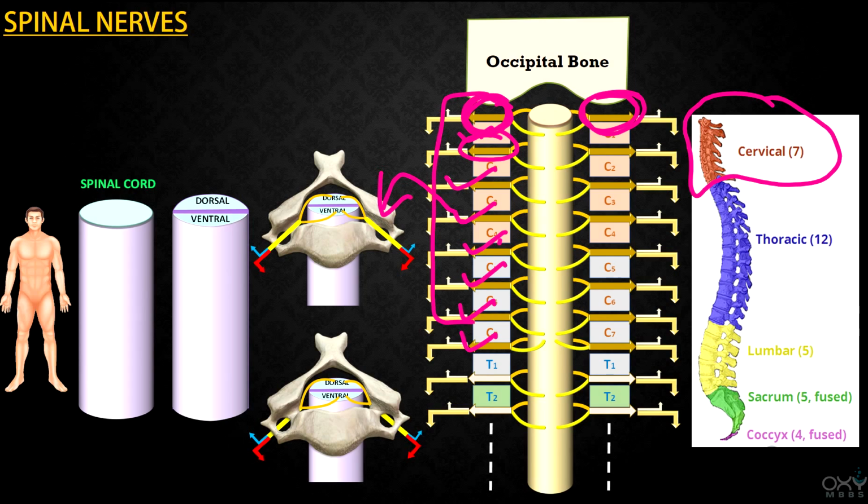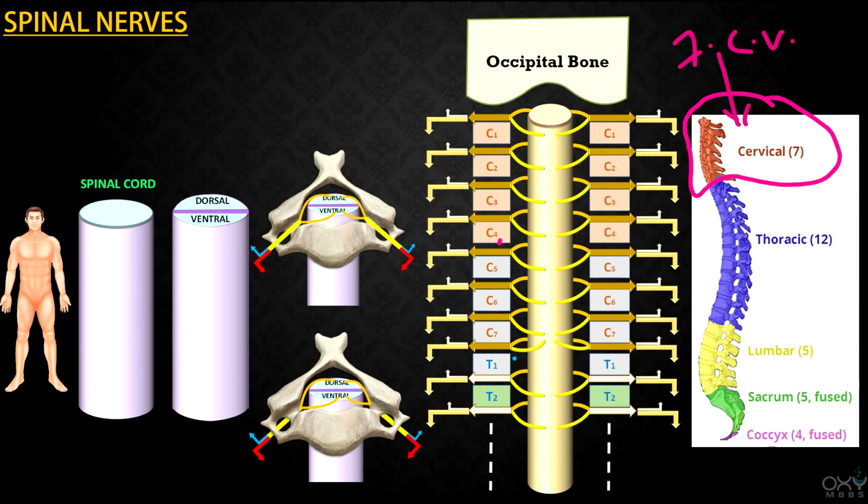But the most important point here is that the eighth cervical nerve is present below the seventh cervical vertebra, like this. Or it can be said that the eighth cervical nerve is present above the first thoracic vertebra. So friends, remember a very important point: there are only 7 cervical vertebrae, but there are 8 cervical nerves.